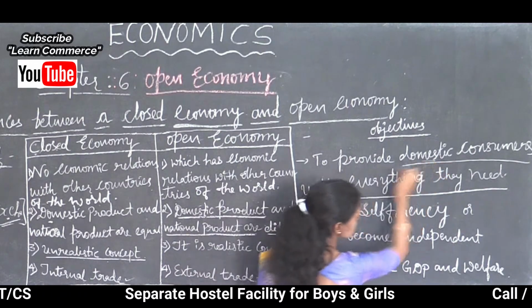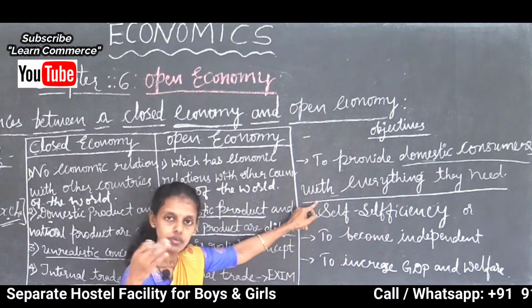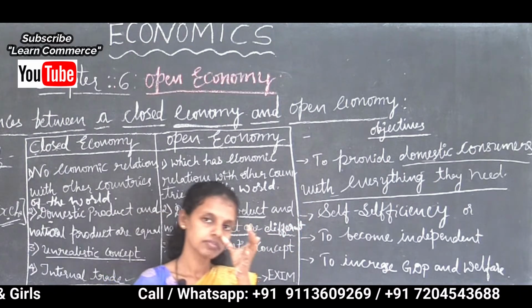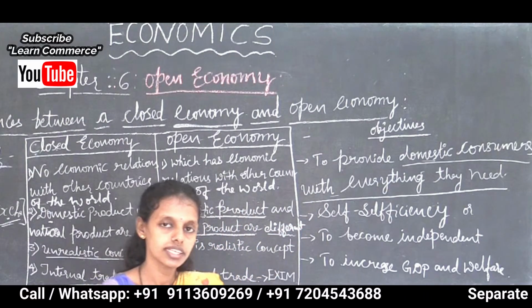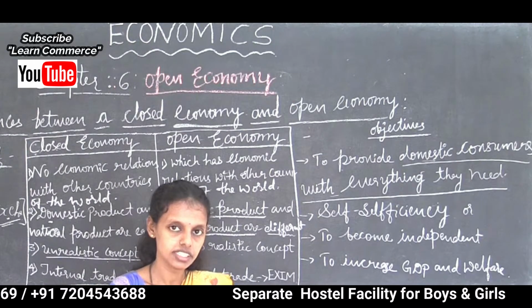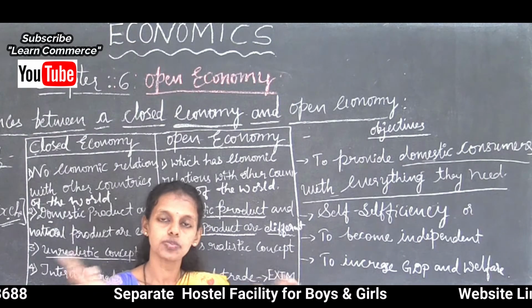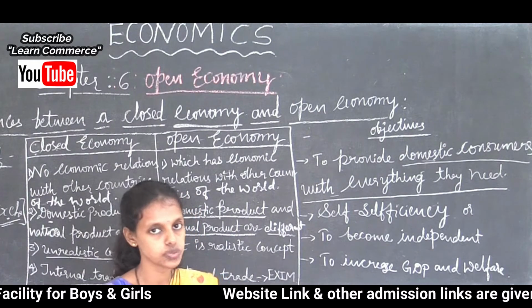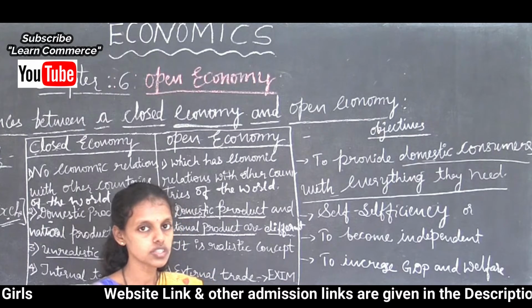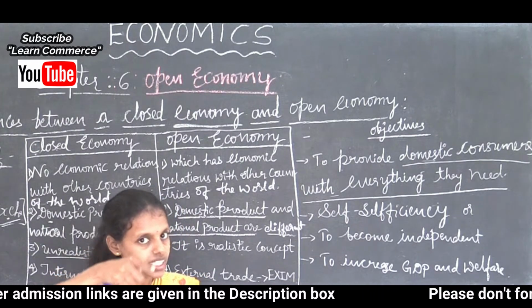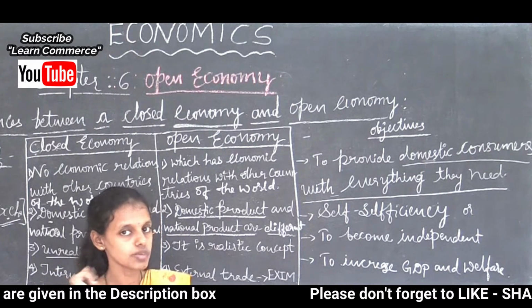Thus, to provide domestic consumers means one country's consumers. Take the example of India. India is a country. Here the goods are produced within the country, think that. The goods are not at all exported or imported from other countries, and we are not at all going to export our goods to the rest of the world. There is no external trade. Goods are exchanged only within the country.